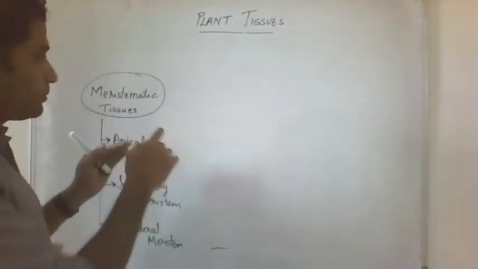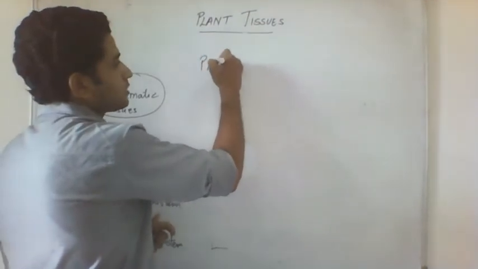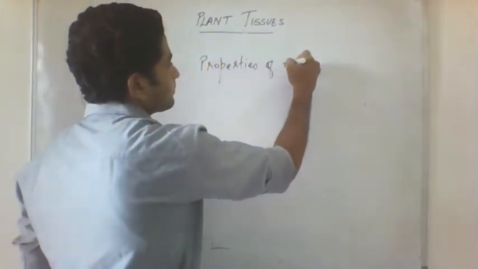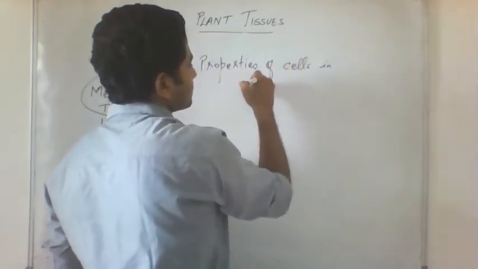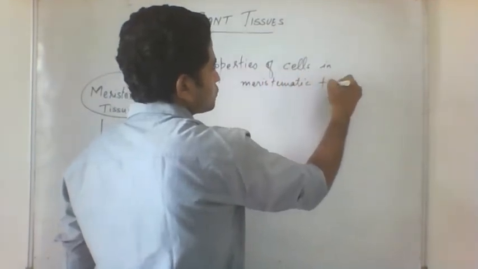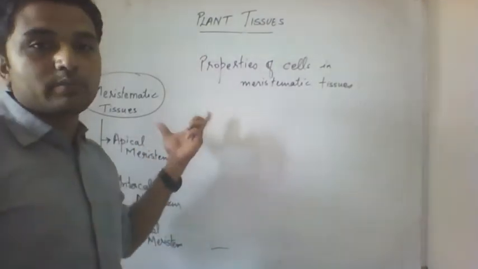Now, when you look into the microscope at meristematic cells, there are some properties of these cells. The properties of the cells present in the meristematic tissues.